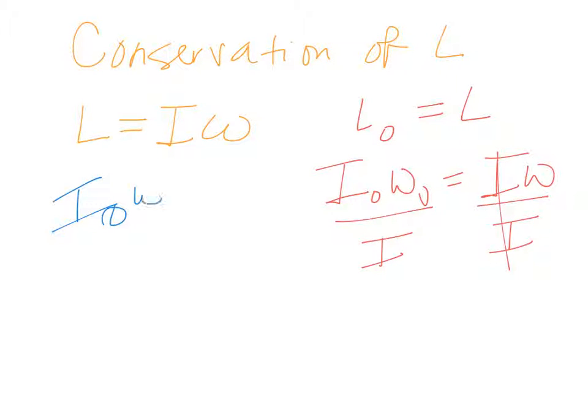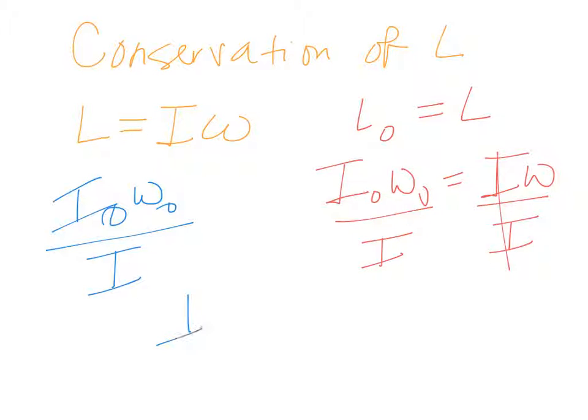So her angular momentum initially is, say, let's make it 4. And her angular momentum at the end is 2, right? So her new velocity is actually going to have to end up becoming doubled.